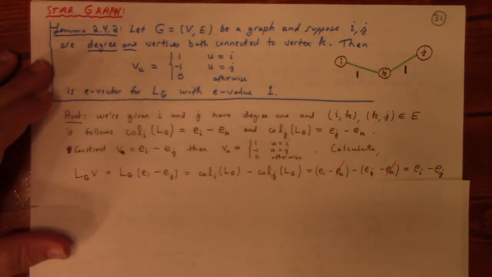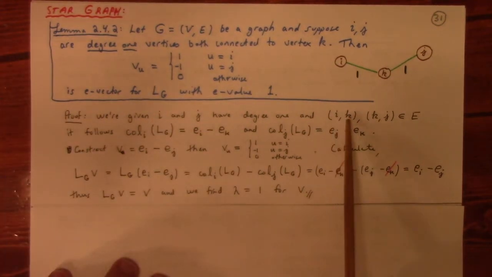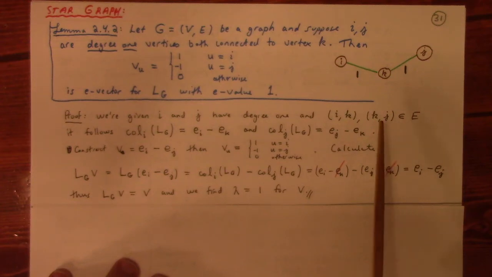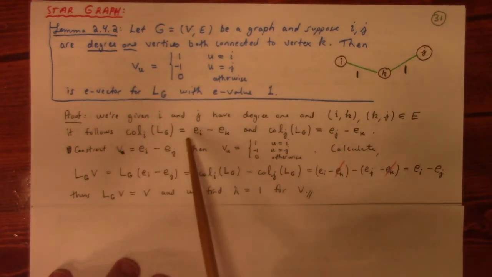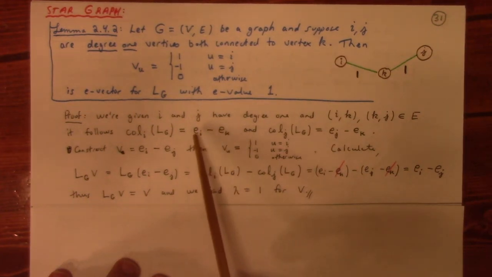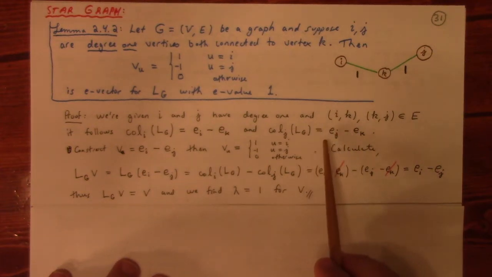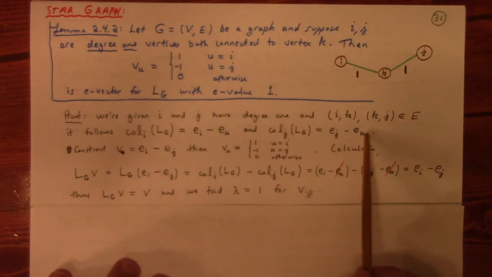Here's the argument. So we're given i and j have degree 1, which means that ik and kj are in the edge set, since they're connected by k, right? And it follows that the ith column of LG has to be Ei minus Ek, because i has degree 1, right? There can only be 2 non-zero entries in the ith column. And likewise, by construction, column j of LG is Ej minus Ek.